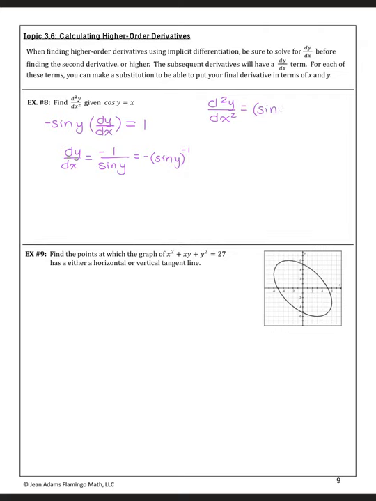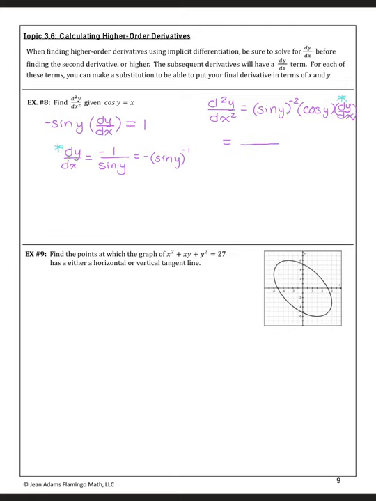So I will have sine y to the -2nd, and then the derivative of the inside. The derivative of sine is cosine y, and then I do need to tack on a dy dx. Now, this is where the substitution happens. This dy dx, we already know what it is. It's -1 over sine y. So that's where the substitution will happen.